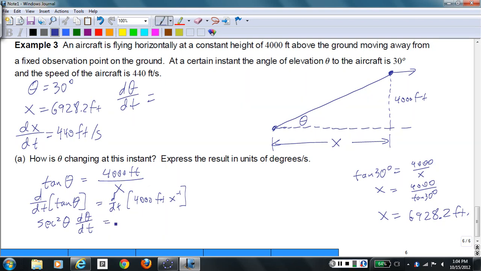And on the right hand side, derivative of 4,000 times x to the negative 1 is going to be negative 4,000 feet times x to the negative 2, but the x and the t don't match, so I have to multiply by the derivative of x with respect to t, dx dt. And we welcome the opportunity to do that because somehow we need to incorporate the fact that we know dx dt is 440 feet per second.